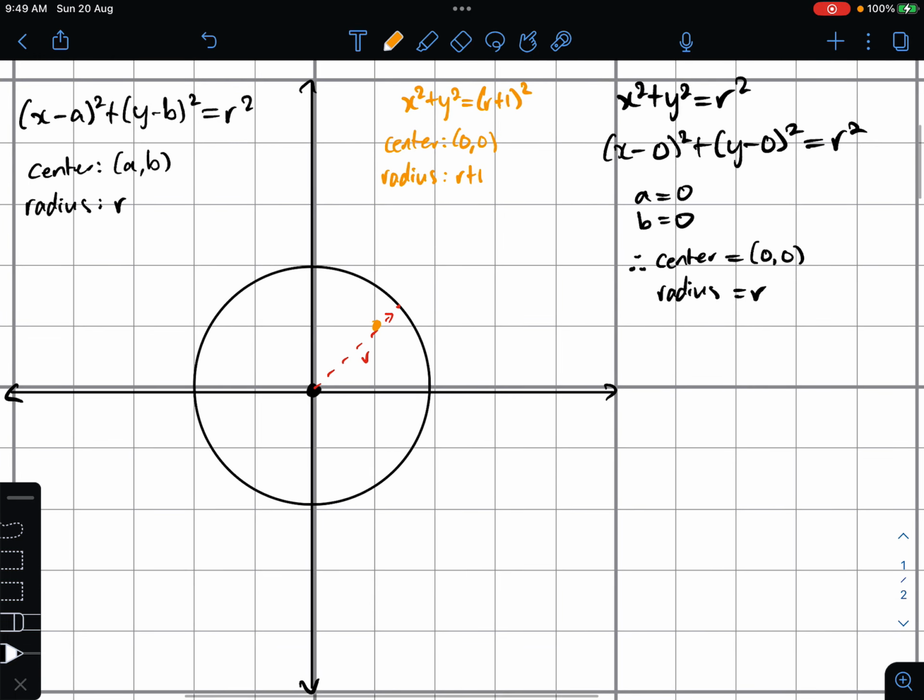And therefore we just draw a slightly bigger circle around the one we currently have, centered around the same point, and this would be our new graph of a circle.